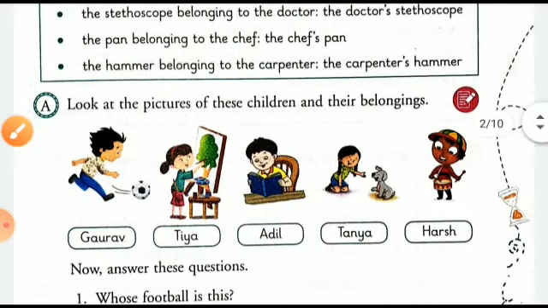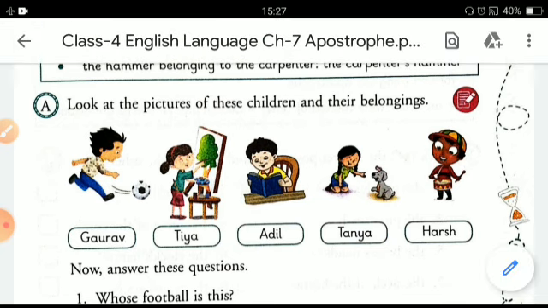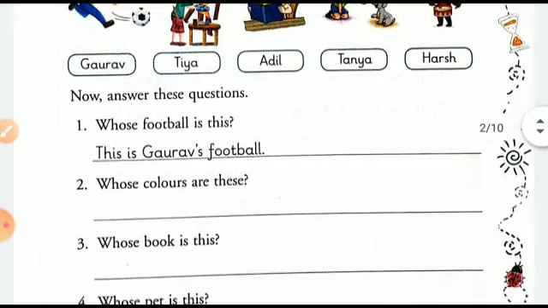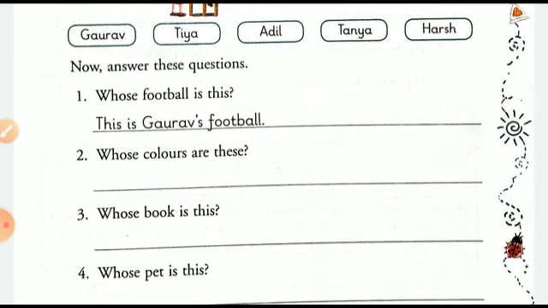Now look at the pictures of these children and their belongings. There are pictures of Gaurav, Tanya, Adil, and Harsh, Tia. Now answer these questions. Whose football is this? First one is, this is Gaurav's football.